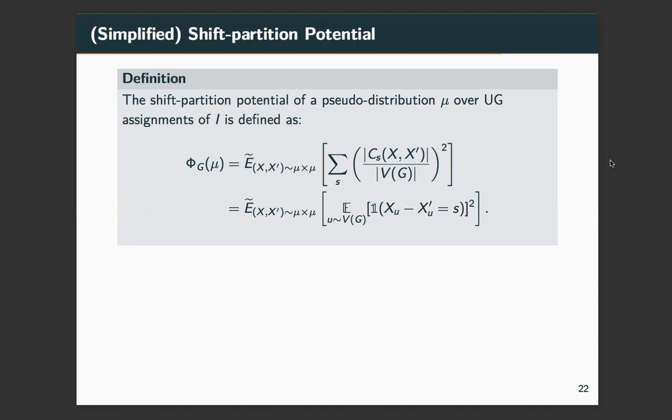So note that if there was one big part and nothing else, this quantity would be something like 1 for x and x prime. Whereas if there were really small parts of all equal size, this quantity would be something like 1 over k. So this measures somewhat the average correlation between x and x prime, and we call it the shift correlation.